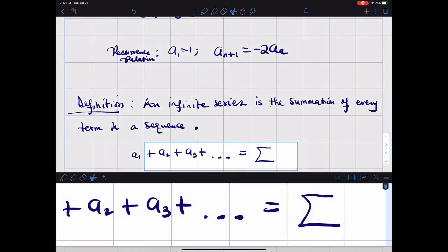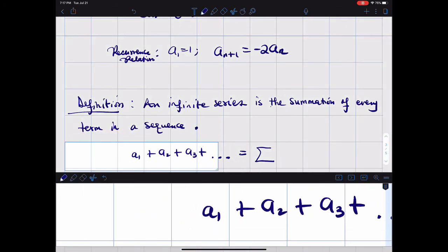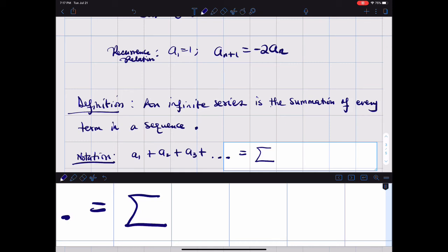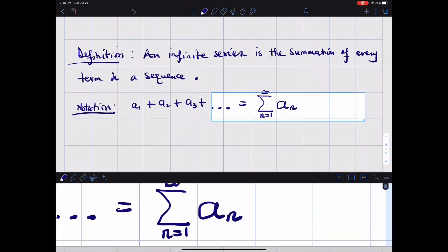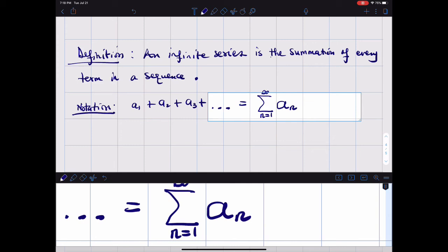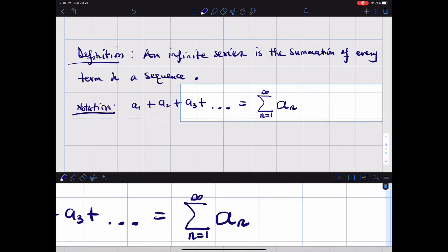The notation we use is this. You have An, you're summing all the An's. This is called the sigma notation. You're summing all the An's and going from 1 to infinity. So this is what we call an infinite series.